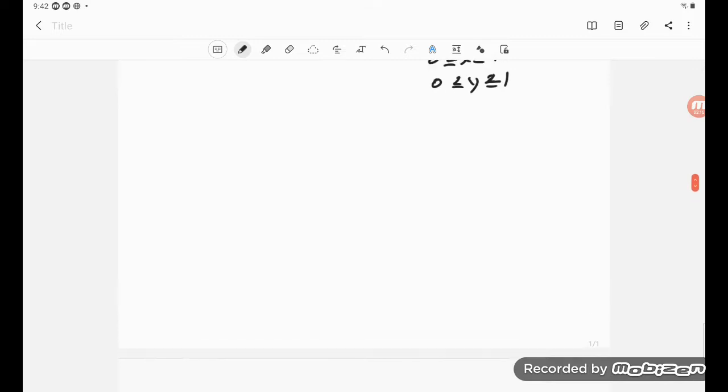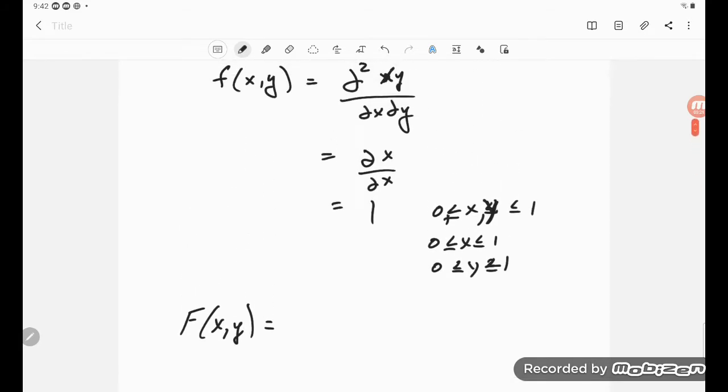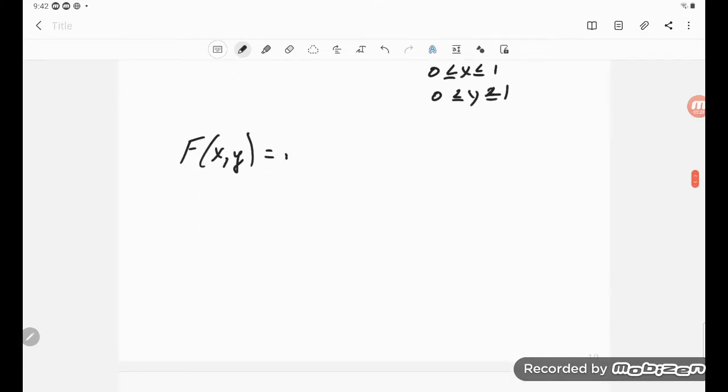And then we can also write down our distribution function F of x and y in terms of this PDF, and of course that's the probability that X is less than or equal to x and Y is less than or equal to y.